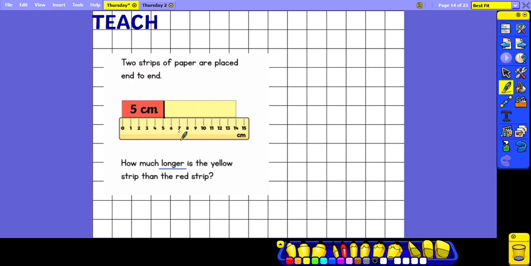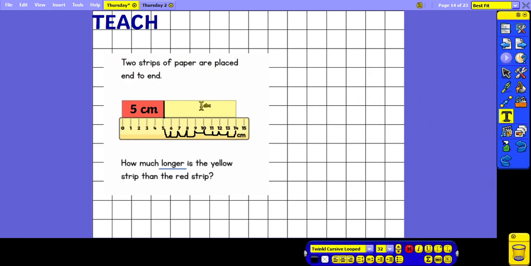So we're going to count in ones to the end of the yellow strip. 1, 2, 3, 4, 5, 6, 7, 8, 9. So the yellow strip has a length of 9 centimeters.